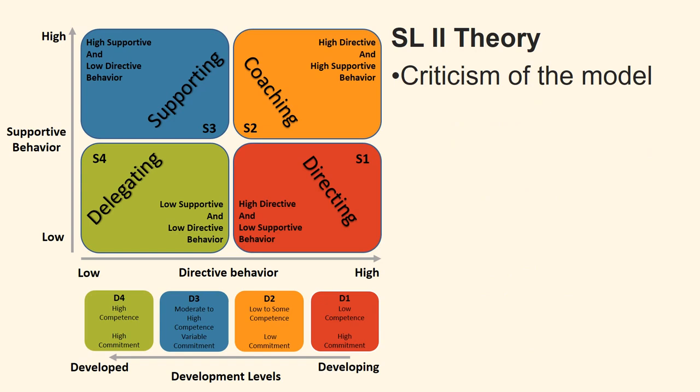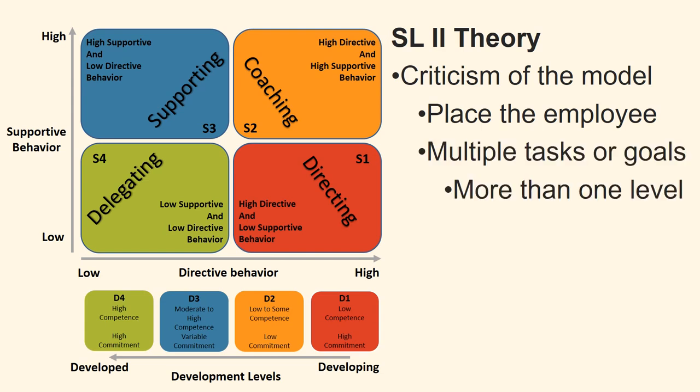Let us now consider a criticism of the model. It is expected that it is always possible to place an employee at one of the 4 levels of development. If conditions in the organization or the surroundings change very quickly, this can be difficult.